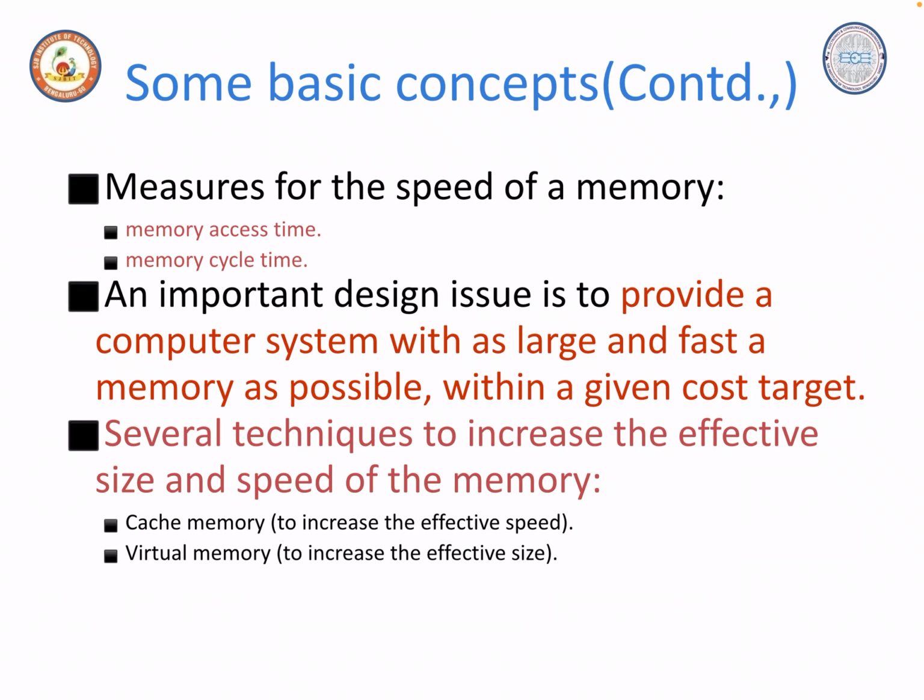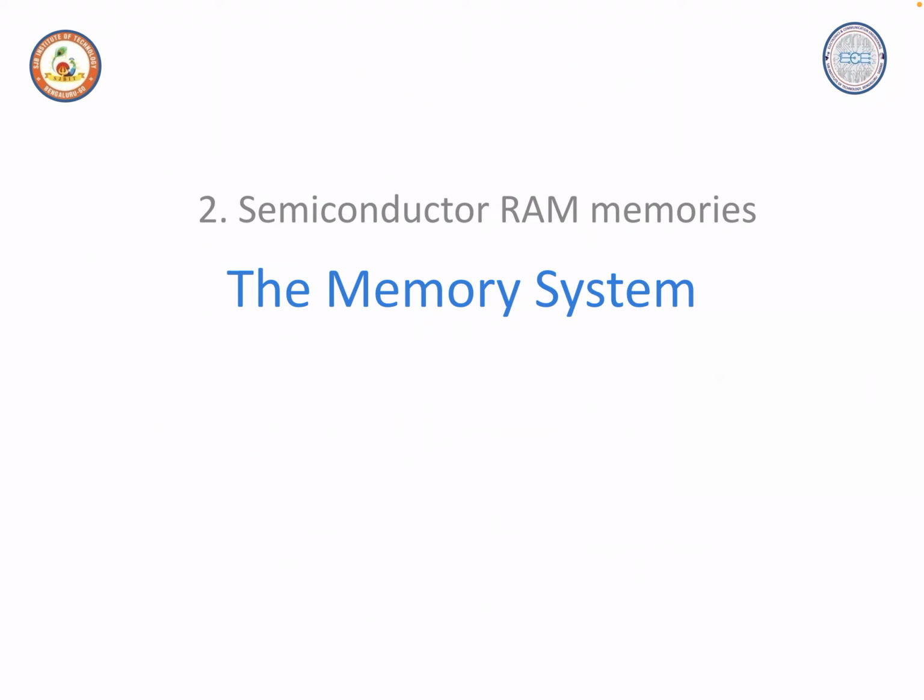Basically we have 2 types: one is the cache memory, another is the virtual memory. Cache memory is mainly meant for increasing the effective speed. Between the processor and the main memory, we use a cache memory. Similarly, virtual memory is meant for increasing the effective size.